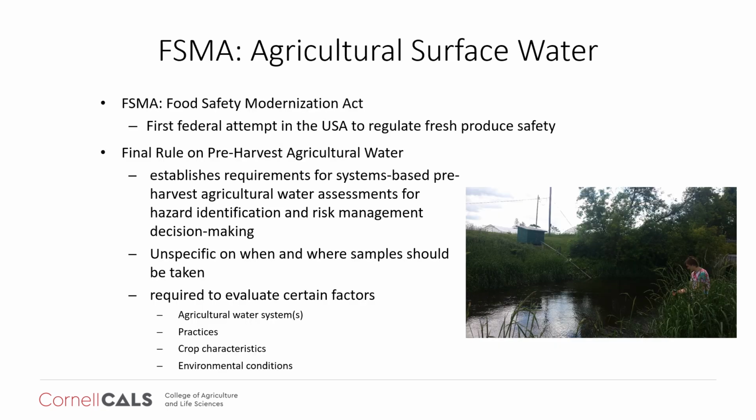Currently, agricultural surface water is regulated by FSMA, which is known as the Food Safety Modernization Act. This is the first federal attempt in the U.S. to regulate fresh produce safety. And the final rule on pre-harvest agricultural water that was published in July 2024 requires establishment of a system-based pre-harvest agricultural water assessment for hazard identification and risk management decisions.